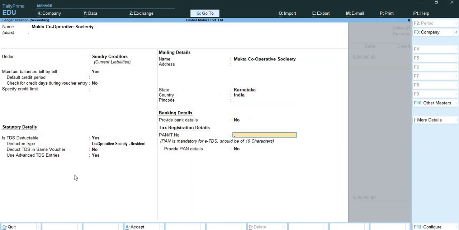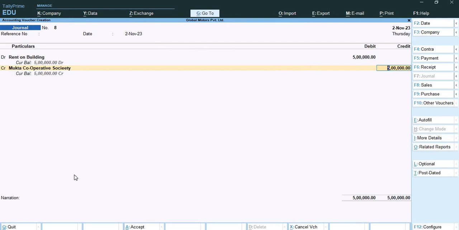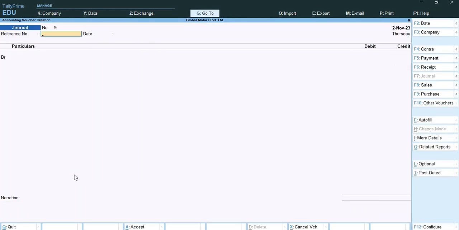So the PAN details are DS APW 1234D. And this way this entry is done. Alright, so no tax will be deducted under zero rate of certification.